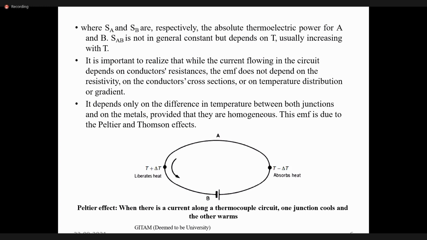The Peltier effect says that when there is a current along a thermocouple circuit, one junction cools and the other one gets heated. So one junction will liberate heat, another junction will absorb heat. This is called the Peltier effect.